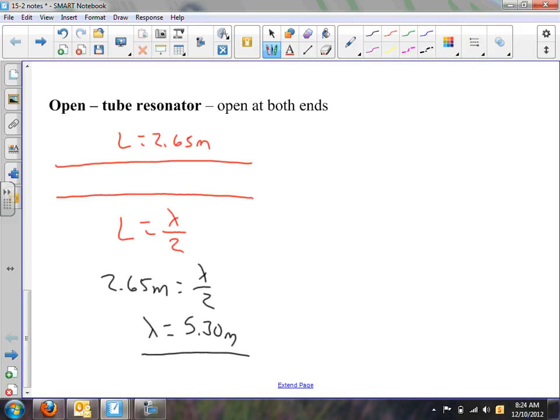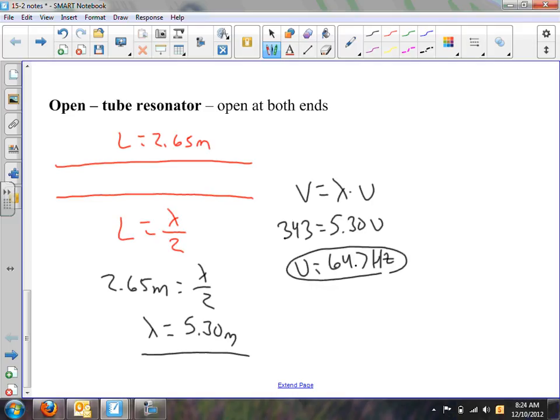And then to find the frequency, all we have to do is convert that wavelength into frequency. My speed was 343 meters per second. My wavelength was 5.30 meters. So my frequency, when you divide 343, and I assume you're doing this at home, is 64.7 hertz. In that particular open tube, the lowest sound that will start to resonate will be at 64.7 hertz.